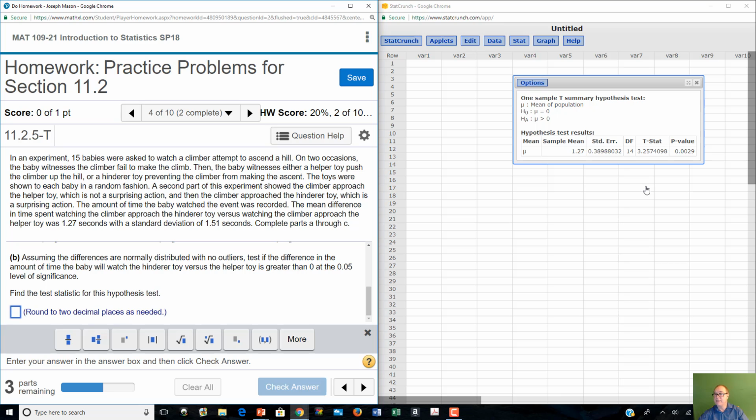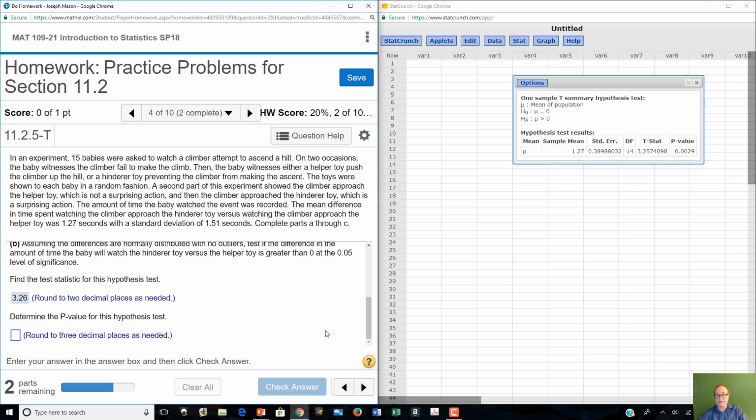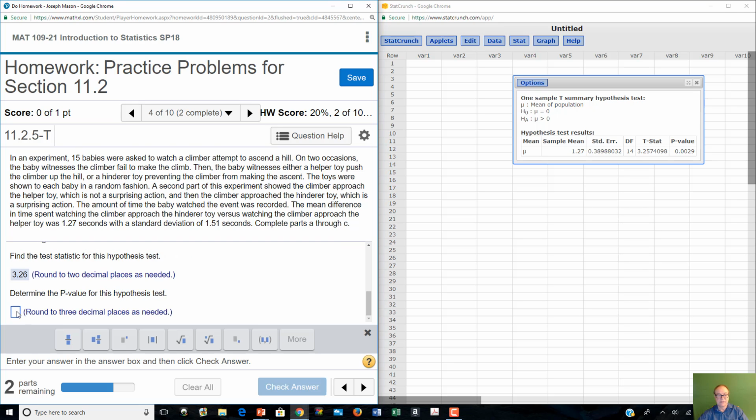To 2 decimal places, it's 3.26. Now the p-value, well, we go over here, the p-value is 0.003, and I wanted 3 decimal places.